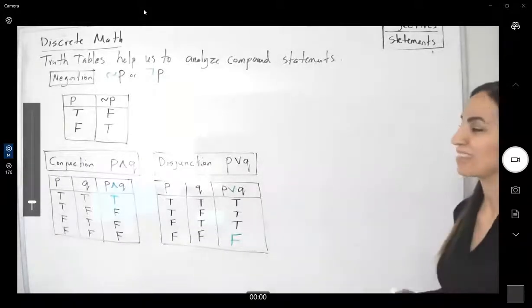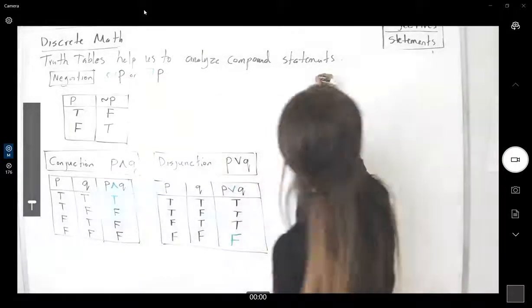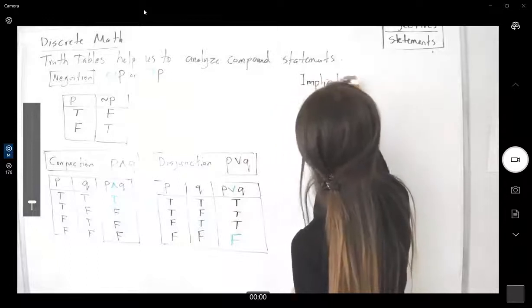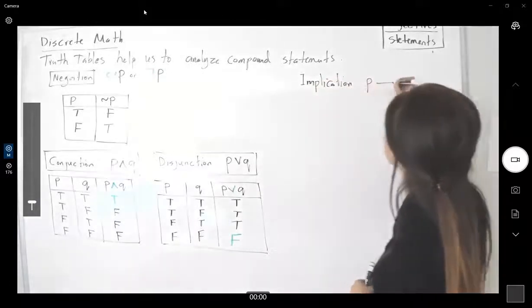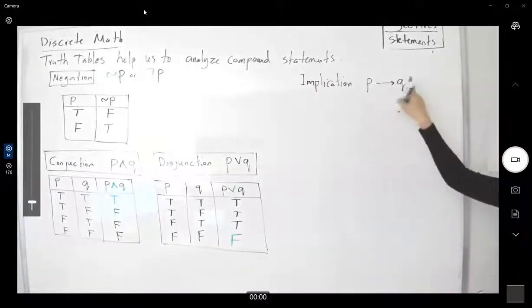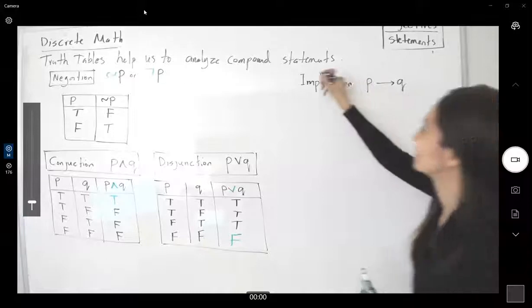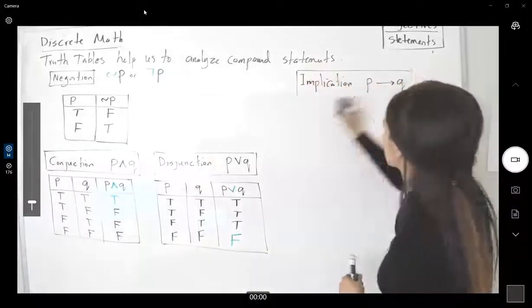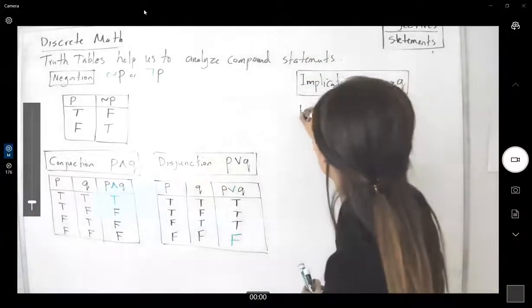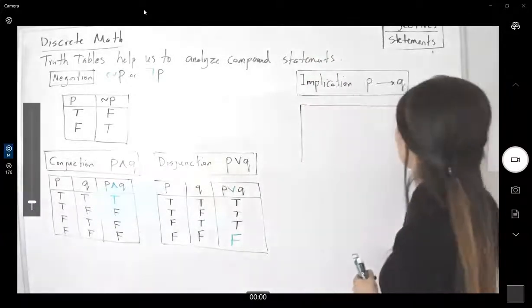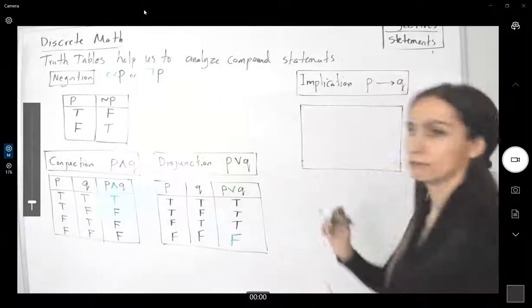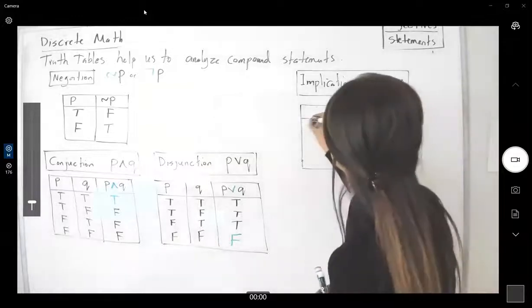Next, implication. If P, then Q. This is interesting. Since we have two statements, we have four combinations.